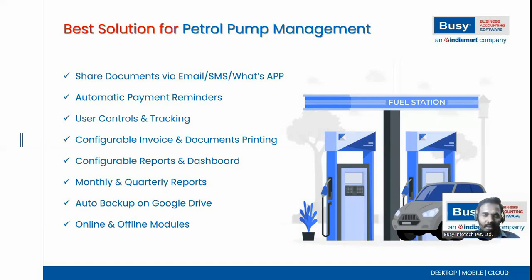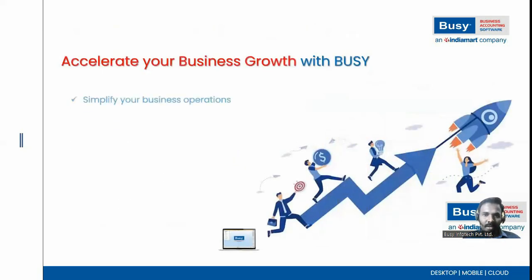This is the major difference between Busy Online and Busy desktop. If you want to work without internet, you can go for Busy desktop. And if you want to access your data from multiple locations, you can go for Busy Online. You can manage multiple branches as well.